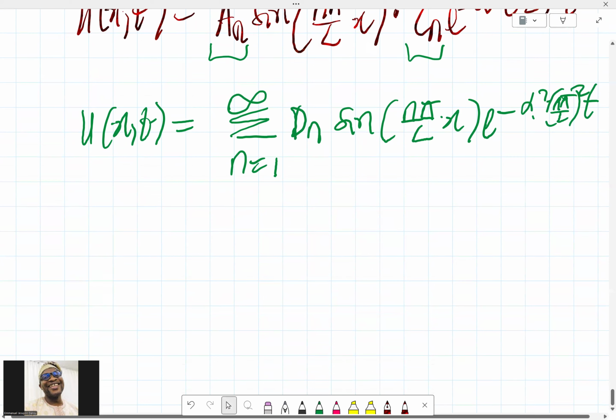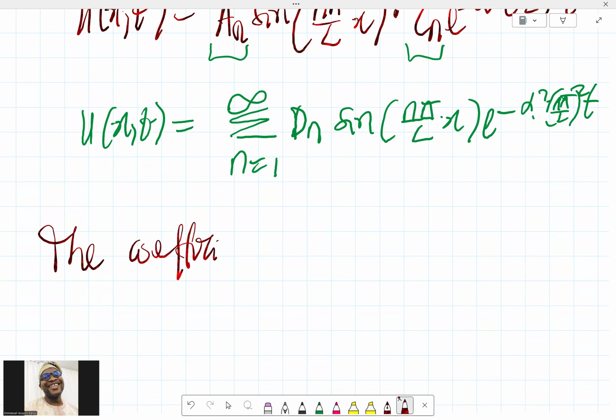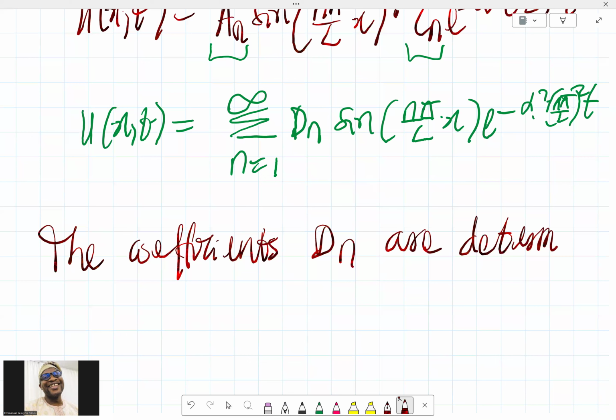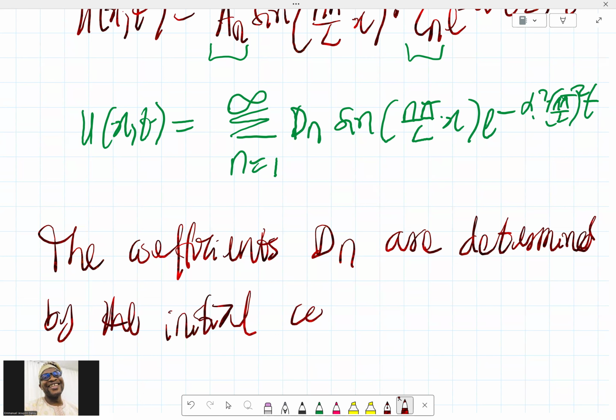Okay, so the coefficients dn are determined by the initial condition.